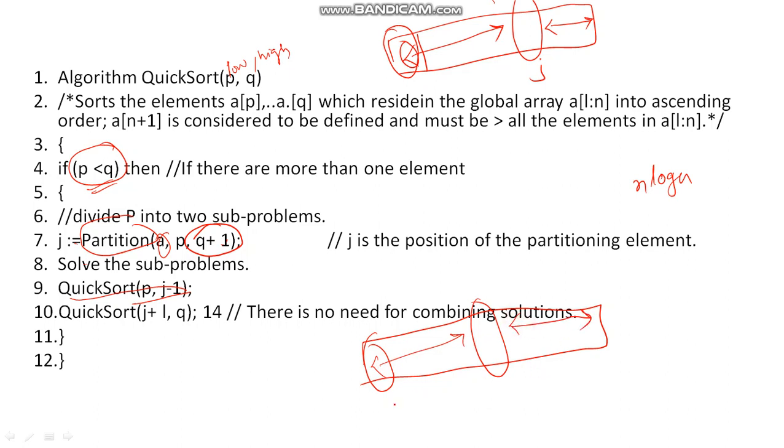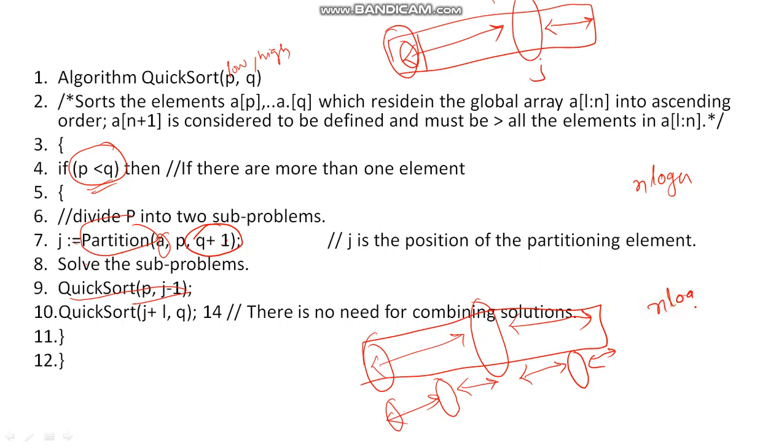Again in the first subarray, the pivot element we take is placed at the center location. In that case it is just working like a merge sort, and the complexity of merge sort is n log n.